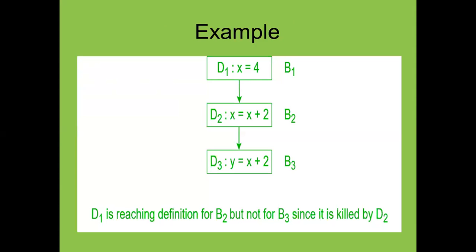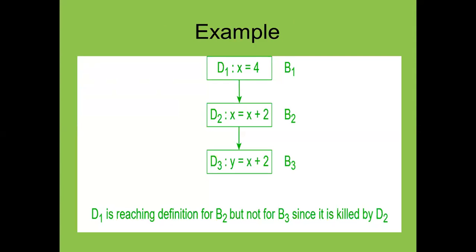Now you can see here D1 colon X equal to 4, D2 colon X is equal to X plus 2, D3 colon Y equal to X plus 2. First we will divide our source code into a number of basic blocks.